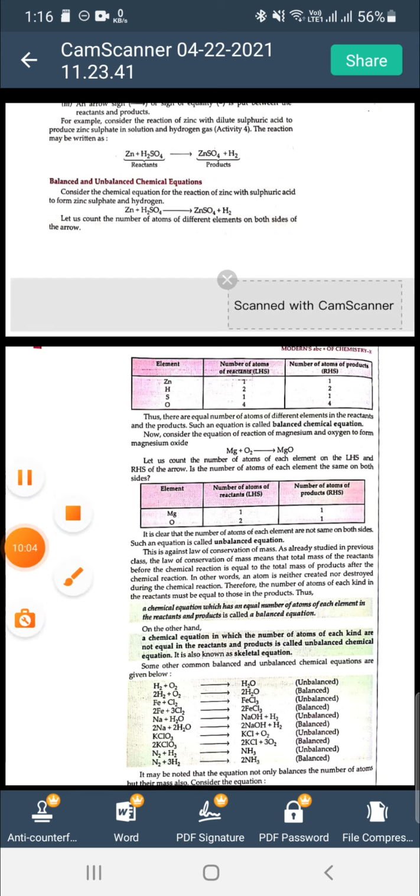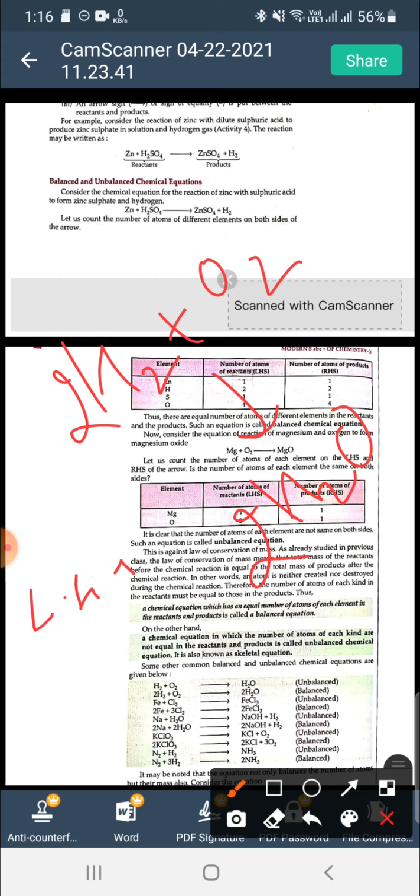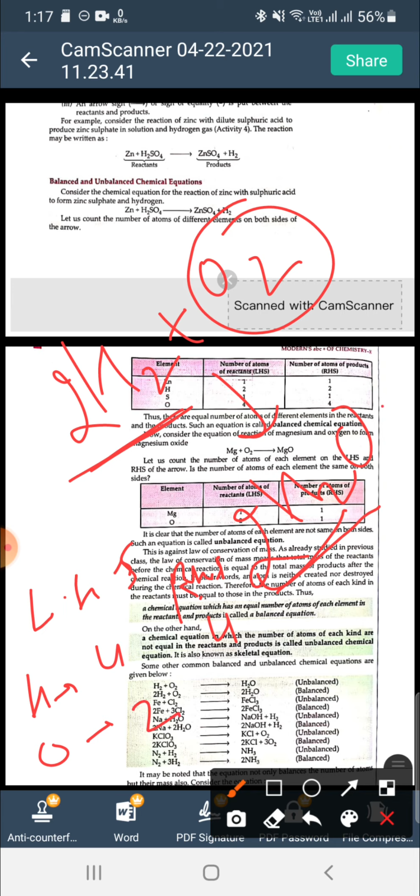For example, we can see in this H2 plus O2 gives you H2O. We can write 2 in front of H2 and H2O. Here you can observe on the left hand side, hydrogen atoms are 4, and on the right side hydrogen atoms are 2 into 2, which is 4. On the right hand side, oxygen atoms are 2, and on the product side they are 2 into 1, which is 2.